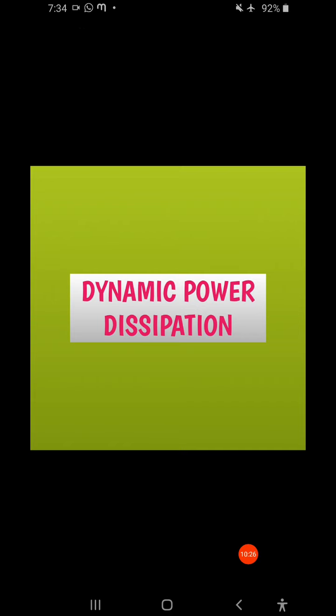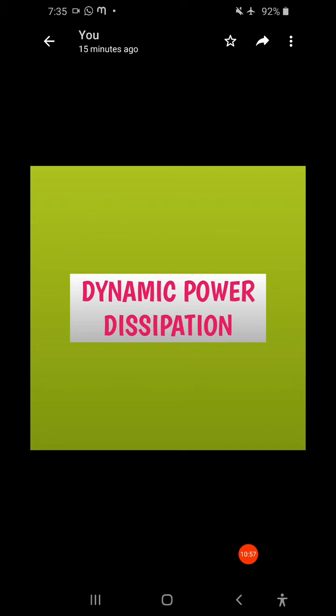That is, the amount of power consumed when the output of CMOS is varying is called dynamic power dissipation.